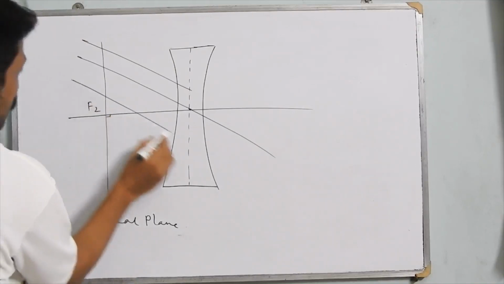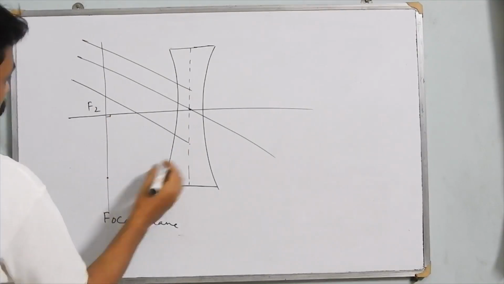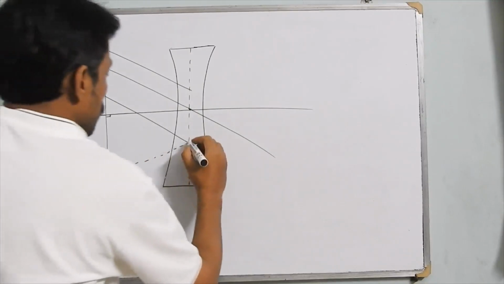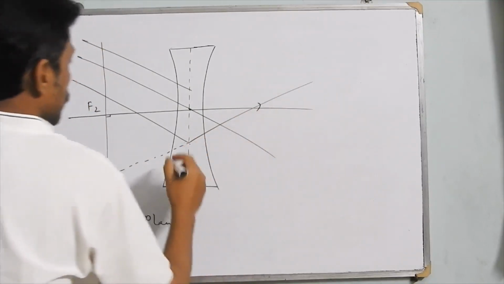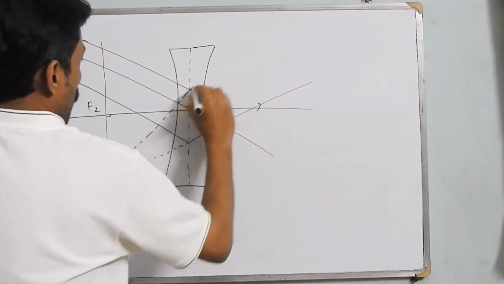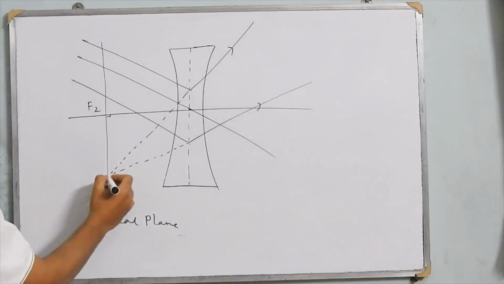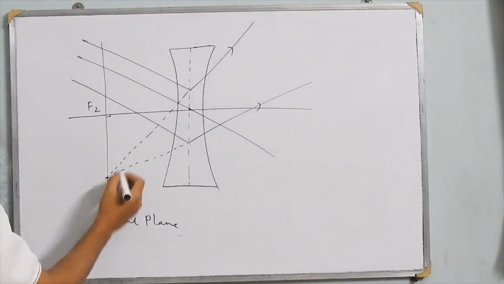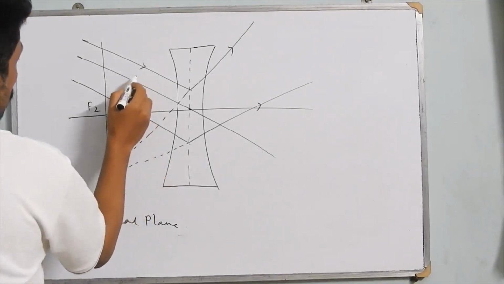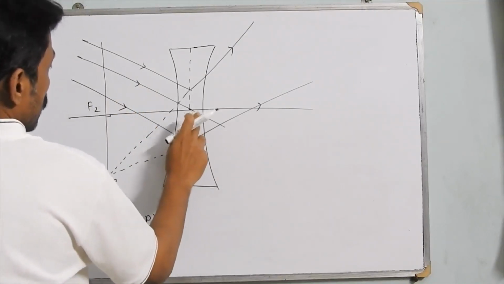So let me take another ray, and they will diverge away from the principal axis. They will diverge away from a point on the focal plane. Suppose they diverge from the point P. So this is what will happen if the rays of light are not parallel to the principal axis but they are parallel to themselves.